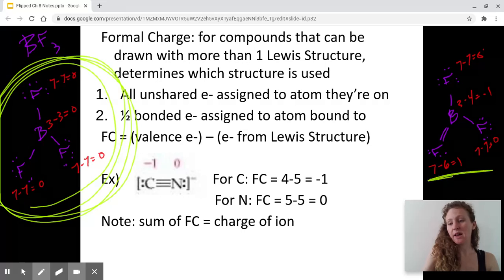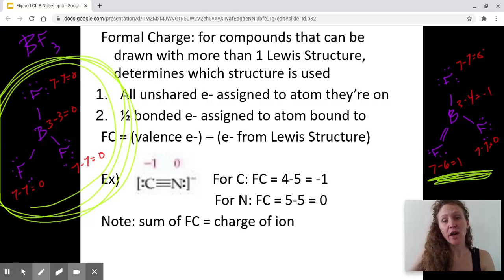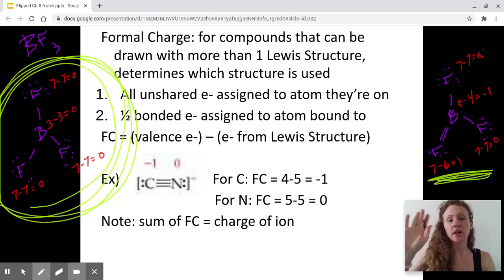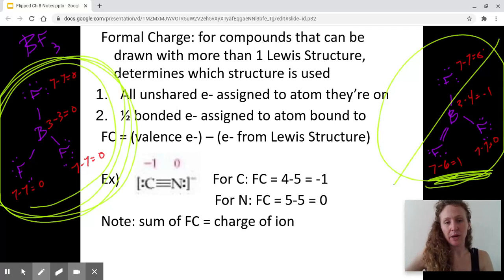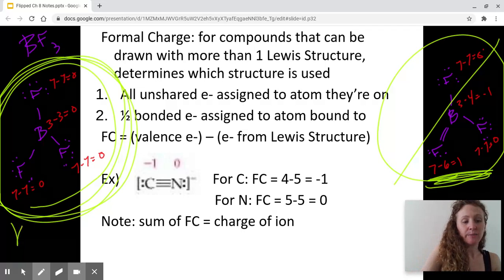The one on the right does satisfy the octet for every single atom, but it does that at the expense of incurring formal charges on a couple of the atoms. And so this one is not the better molecule.